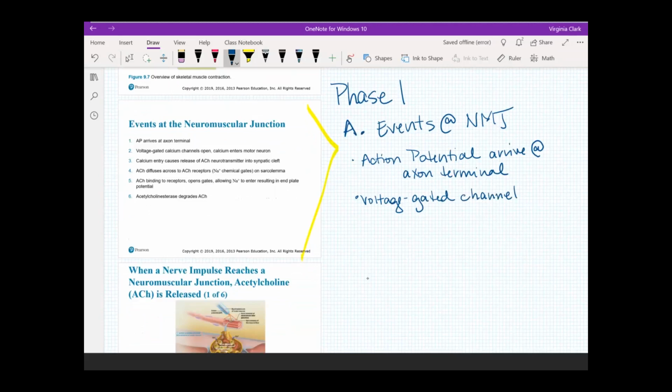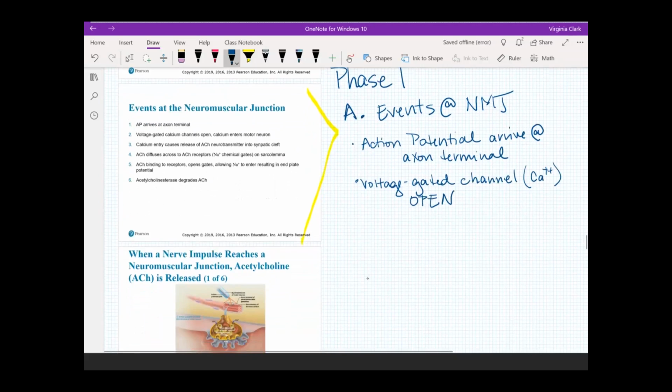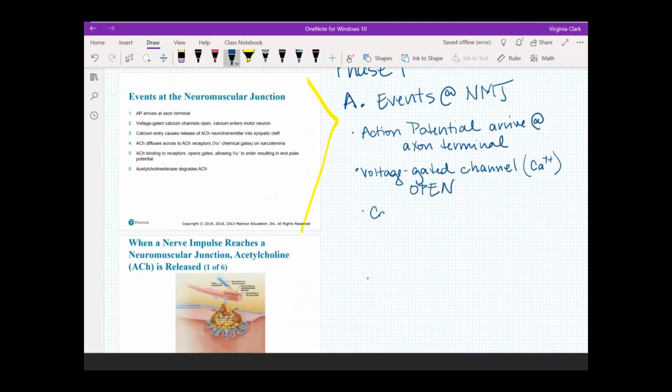So a voltage gated channel is specifically going to be calcium, and these will open. If I open a voltage gated calcium channel, calcium will enter the neuron.